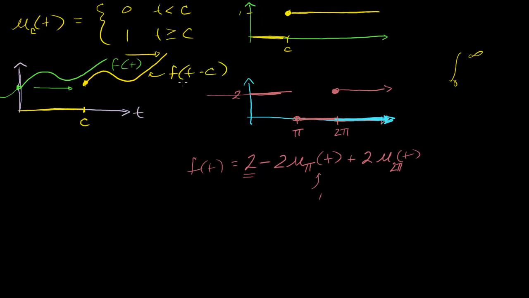To make sure I get it right, what I always do is imagine what's going to happen when t is equal to c. When t is equal to c, you're going to have c minus c, and you're going to have f of 0. So the value of the function should be equivalent to the value of the original green function at 0, which makes sense.